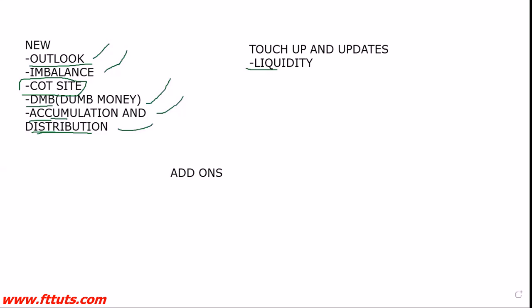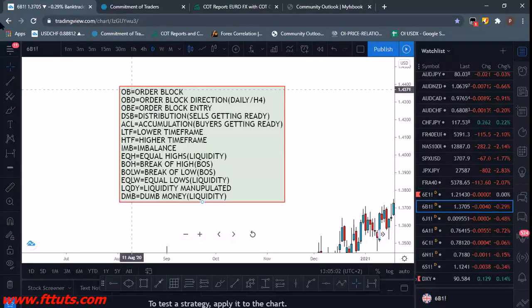So one thing that I want to show you lastly is this, but I'm also going to send it. The meanings of everything. OB is order block, OBD is order block direction, daily and 4 hour. OBE is order block entry, so 1 hour to 5 minutes. Distribution, sellers getting ready. Accumulation, buyers getting ready. LTF, lower time frame.